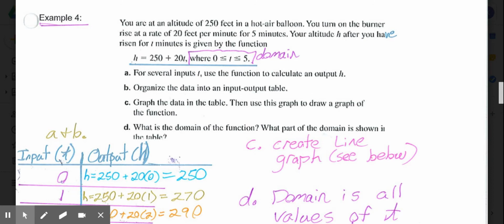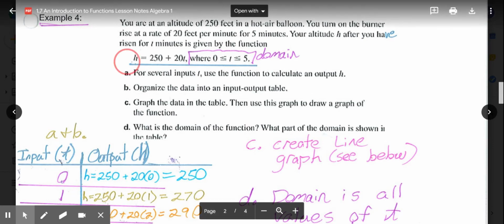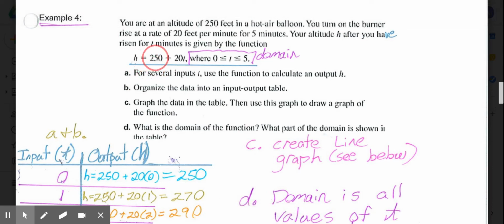Your altitude h, after you have risen for t minutes, is given by the function. So our function has the equation h, our altitude, so the altitude equals the 250 feet we started at, plus the 20 feet per minute, so 20 feet times t, t being our time.